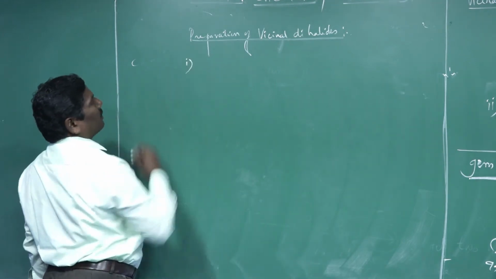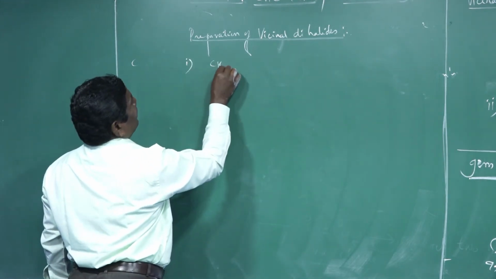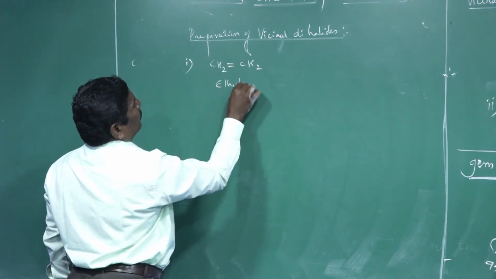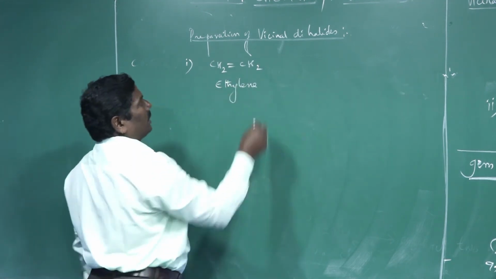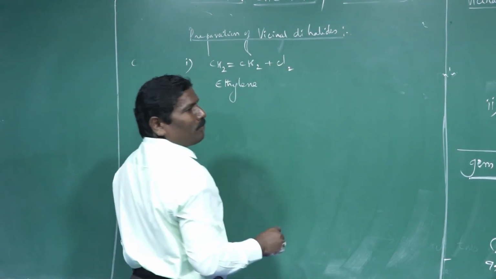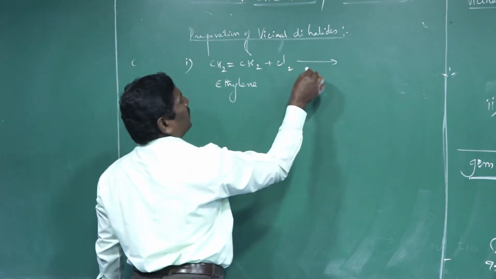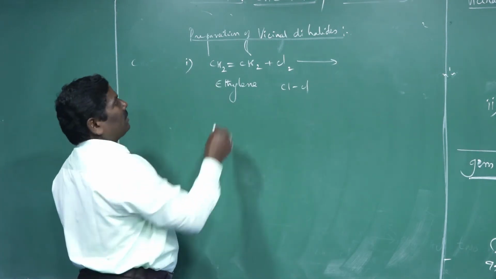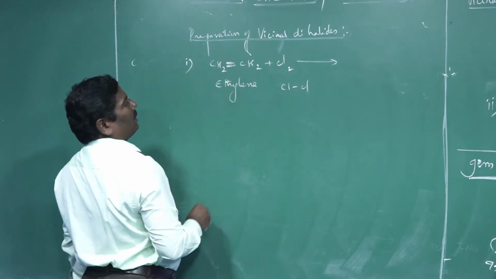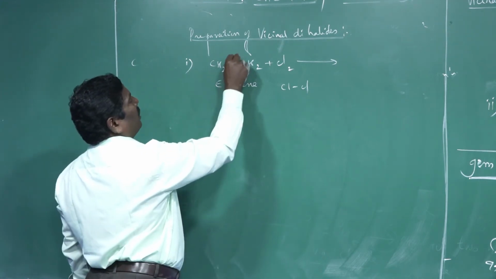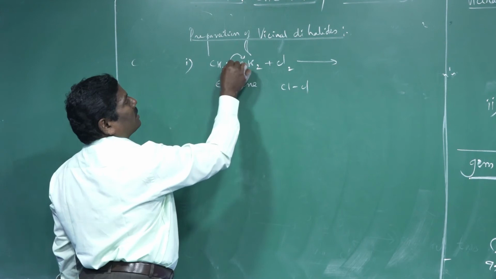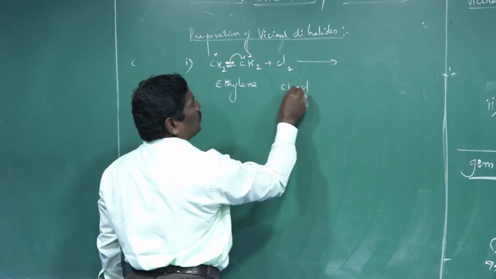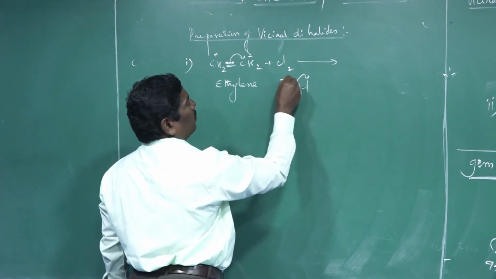The first technique: take ethylene gas and treat it with chlorine. There should be a simple addition. You know chlorine can split into Cl and Cl. I have given the idea that there should be a double bond, and there must be resonance, that is shifting of electrons. One becomes negative, one becomes positive.